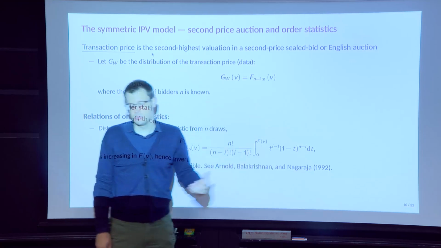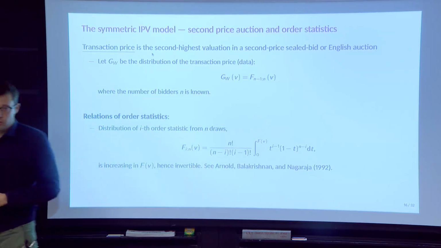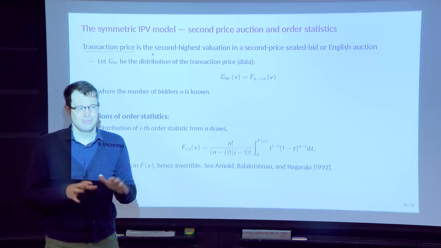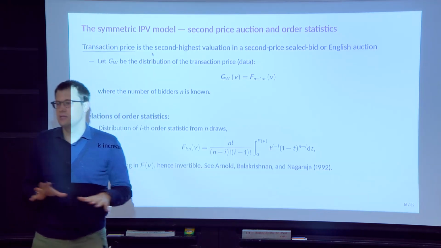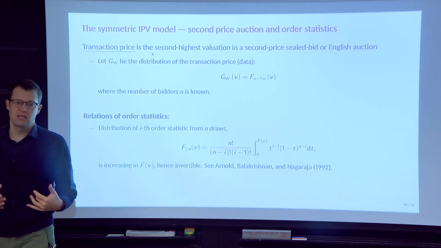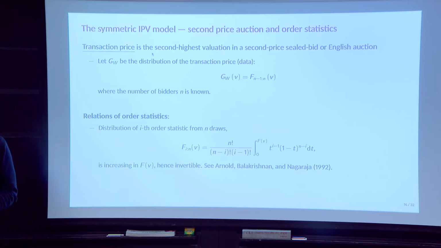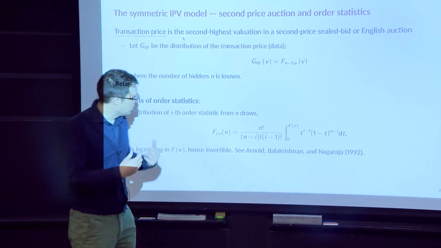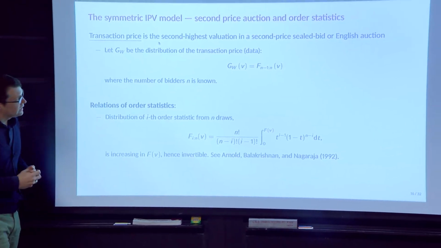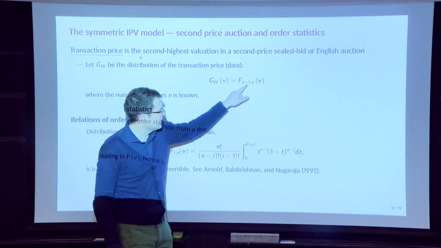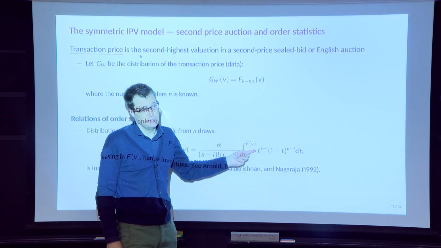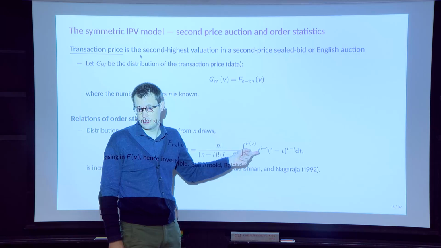What we typically, not always, assume in auctions is that we also know the number of bidders. Empirically, it's not always clear that this is observed precisely or without measurement error, but that's typically an assumption. So I know the number of bidders, and I know the second highest order statistic. I do not know f of v directly.